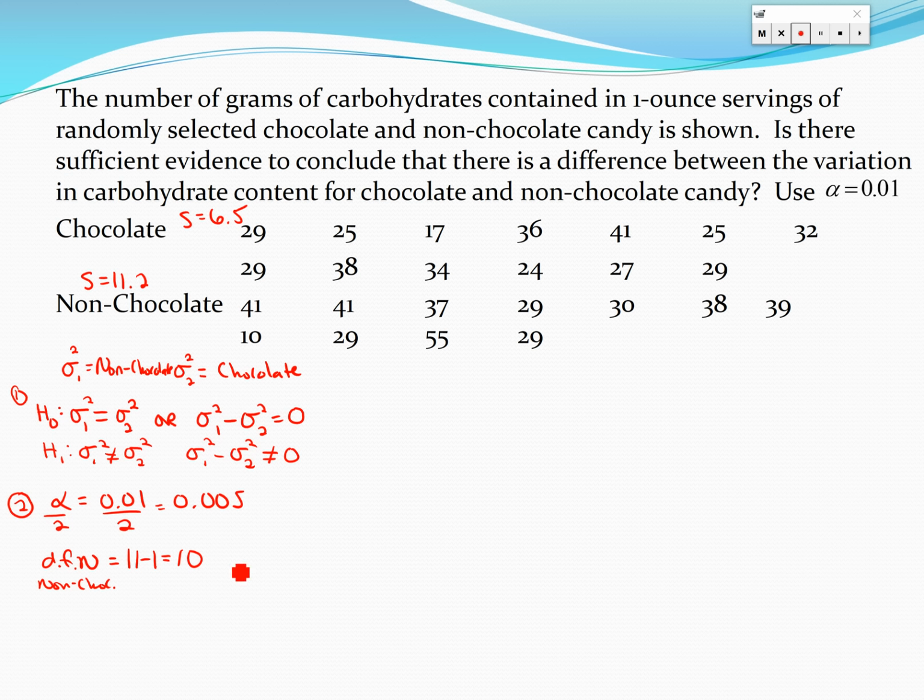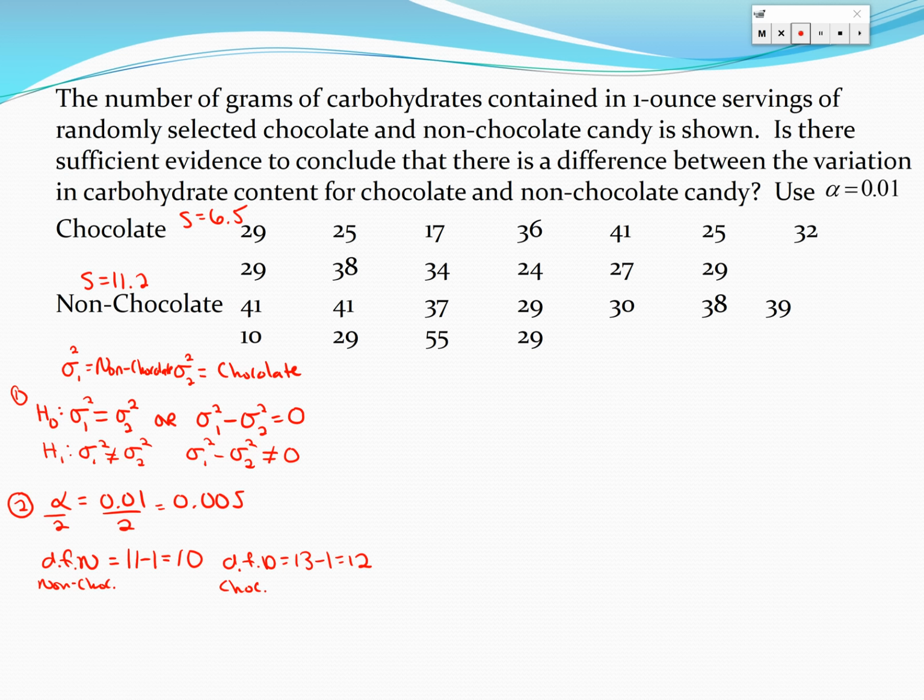And then degrees of freedom for the denominator will come from the sample with the smaller variance, or in this case, standard deviation. And we had 13. So degrees of freedom denominator is going to come from the chocolate, again because it has the smaller variance.